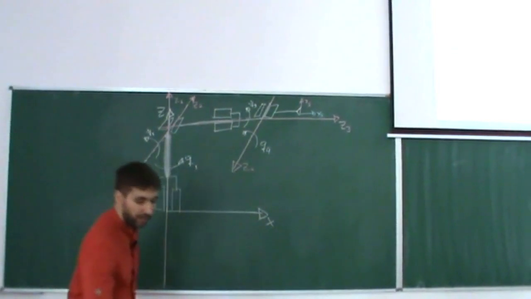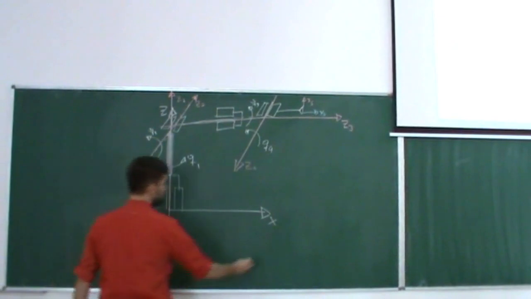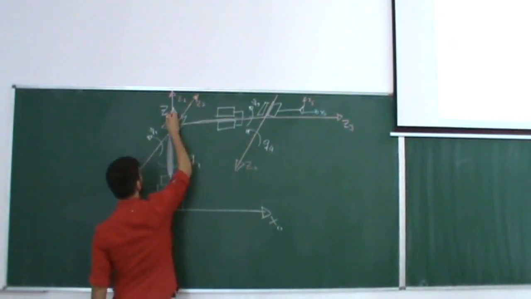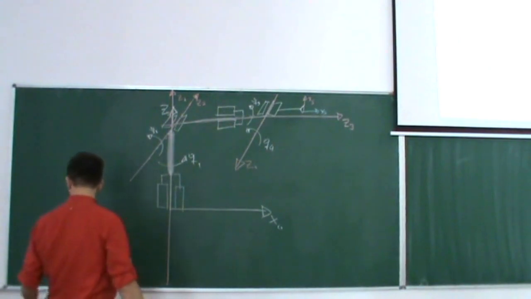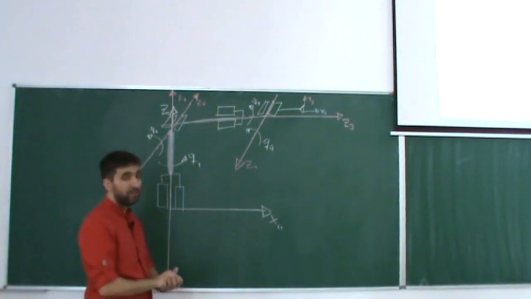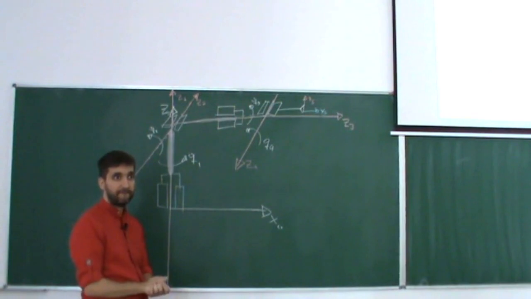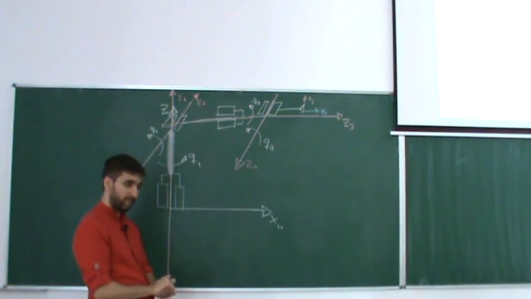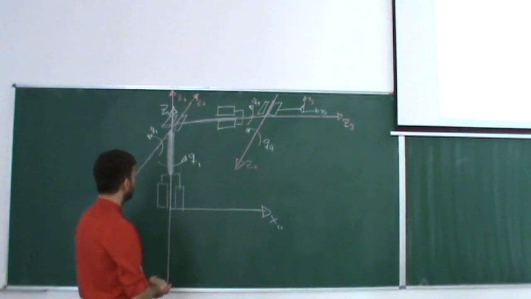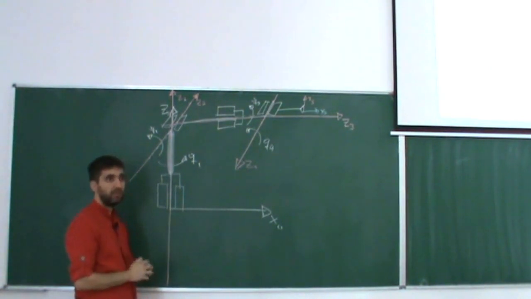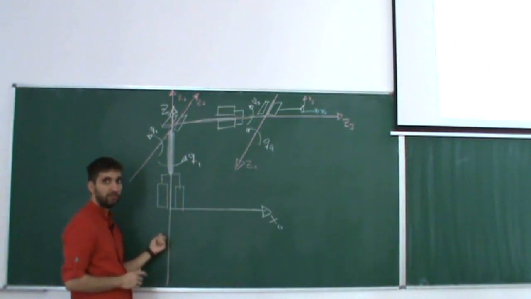One small detail is that this is not x and z, this is x0 and z0. Okay. So what are my first axes? Yes, z0 and z1. Okay, so I need the common perpendicular between z0 and z1.